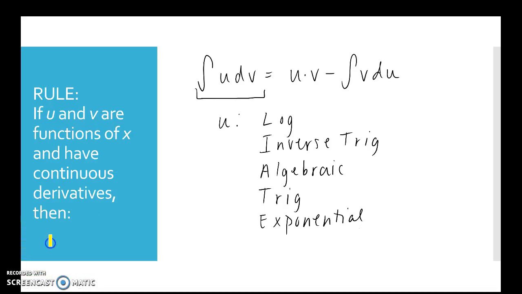So when you are attempting to pick what u will equal, L-I-A-T-E, we go in that order. Then whatever remains in the integrand, that's what we'll pick for our dv. And once you see an example, it'll make a little more sense to you.